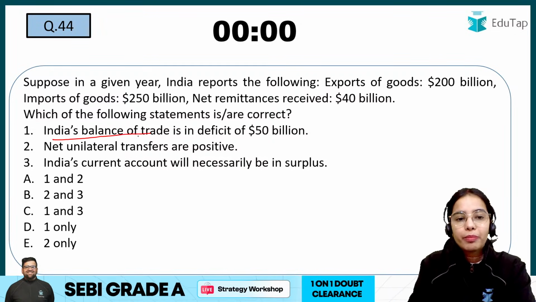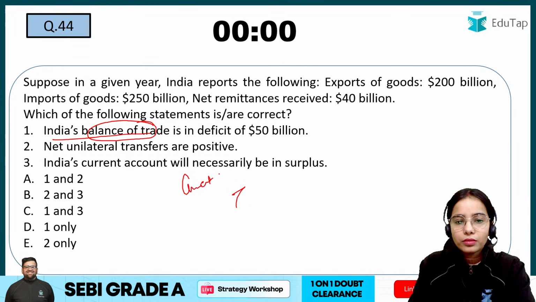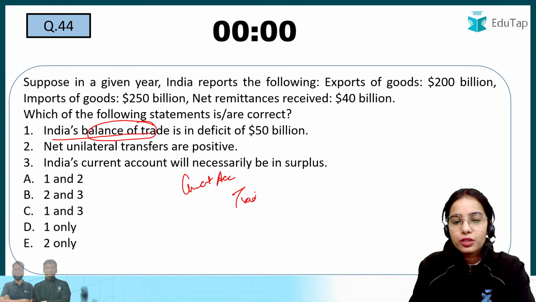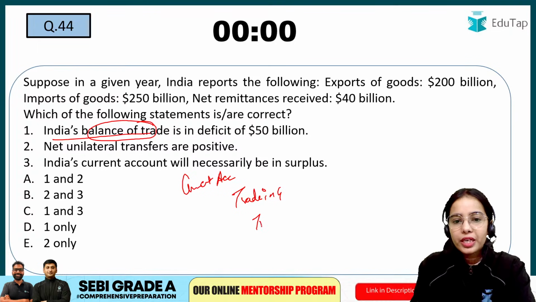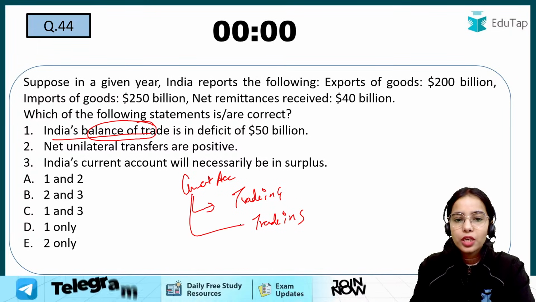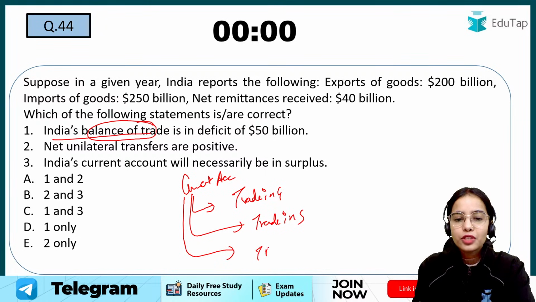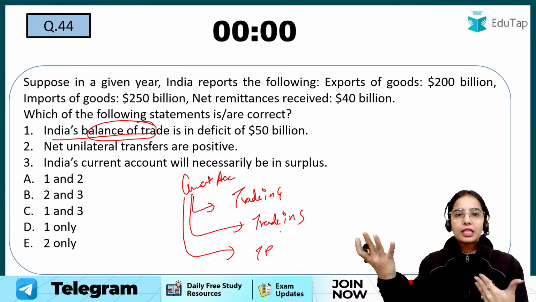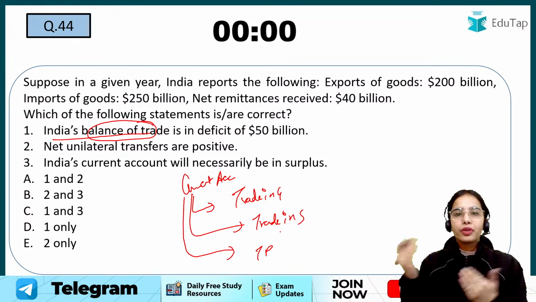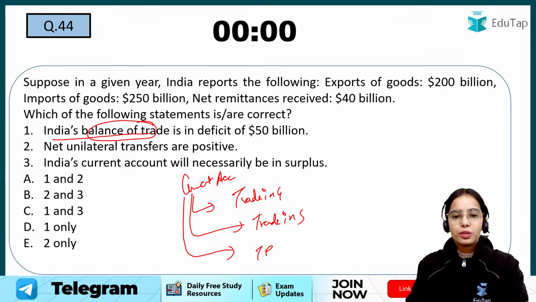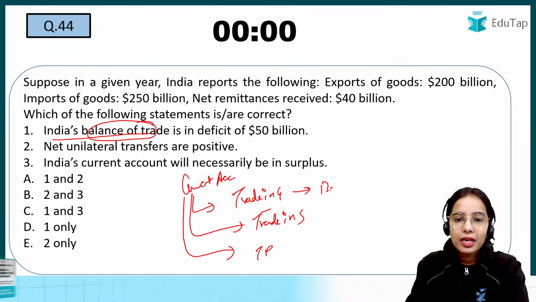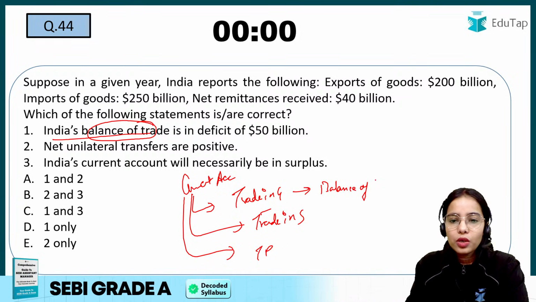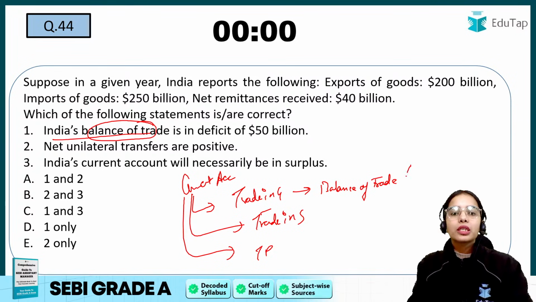India's balance of trade: in the current account, there is the record of trade in goods, trade in services, and the transfer payments that we are doing with the rest of the world. So trade in goods is also known as balance of trade, visible trade, or merchandise trade.